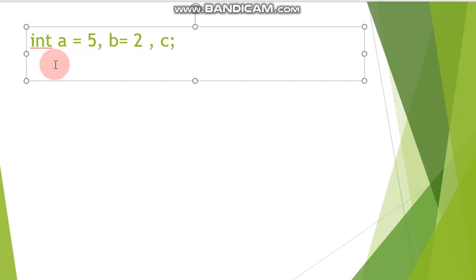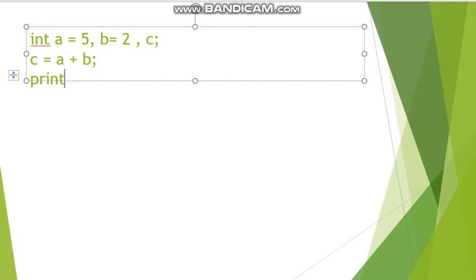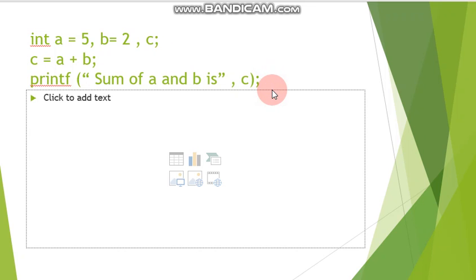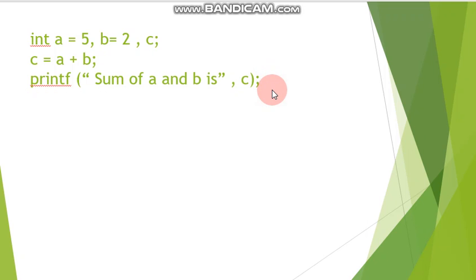So if I simply write C is equal to A plus B, then this is the simplest program of C language.